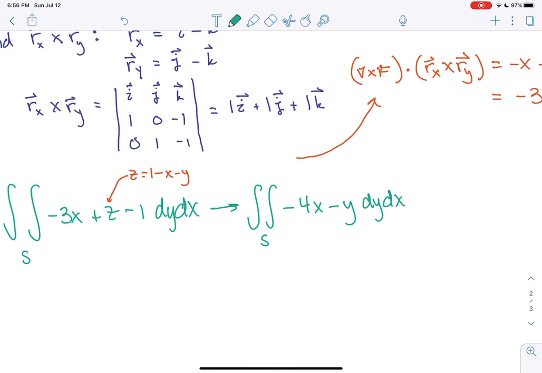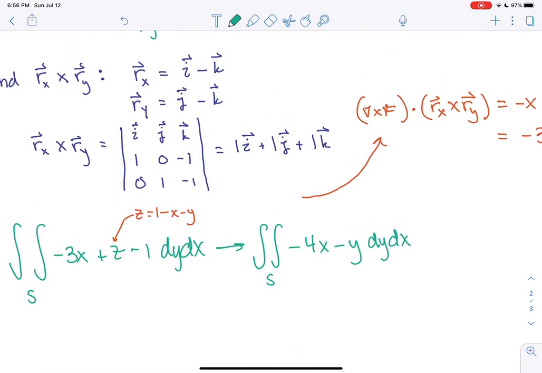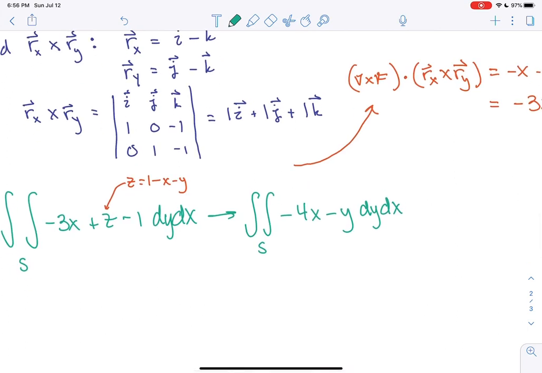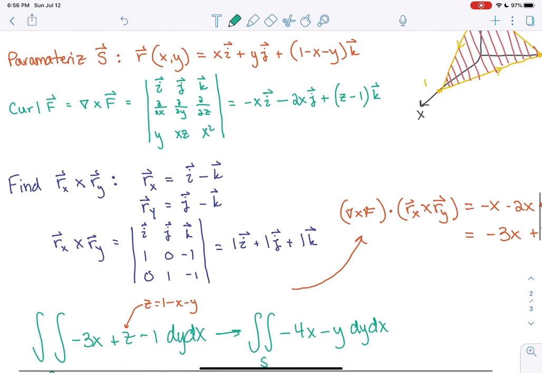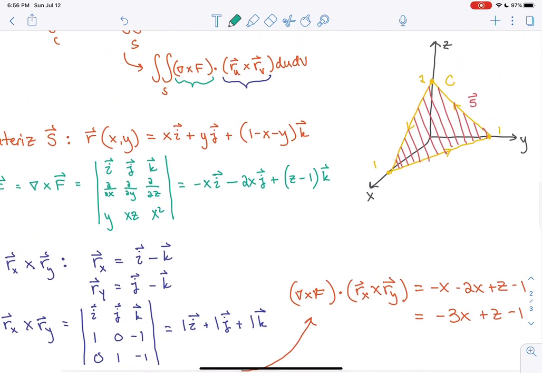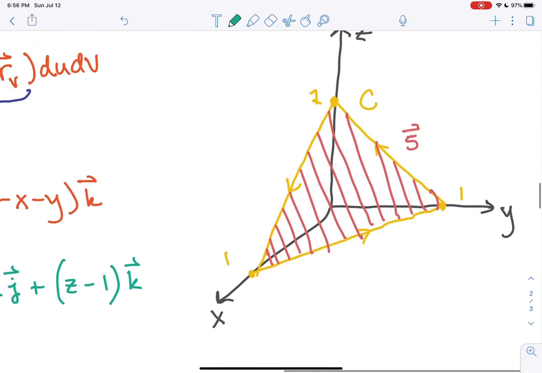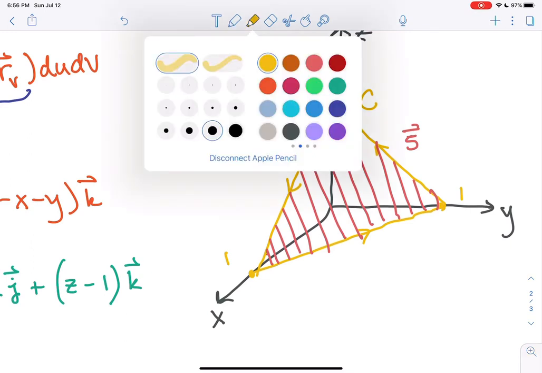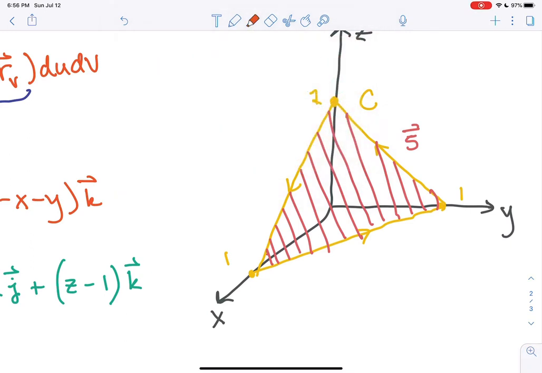Great. So the last thing we need to do to evaluate this surface integral is to bound the surface in terms of our parameters. Right, so our parameters, remember, are x and y. So we need to find x and y bounds of this surface. So luckily, because our variables are x and y, the bounds are going to be on the xy plane. Right, so we're looking to bound on the xy plane.